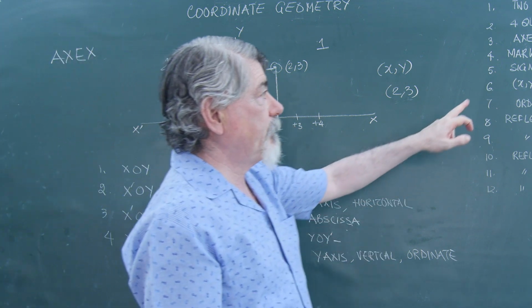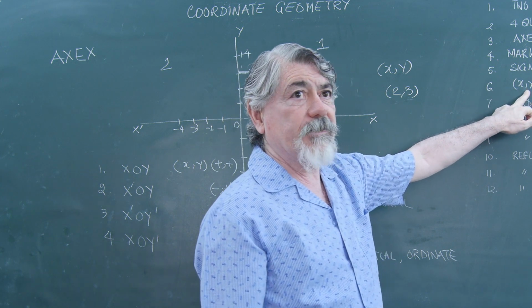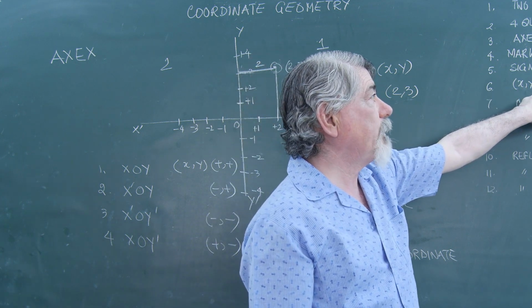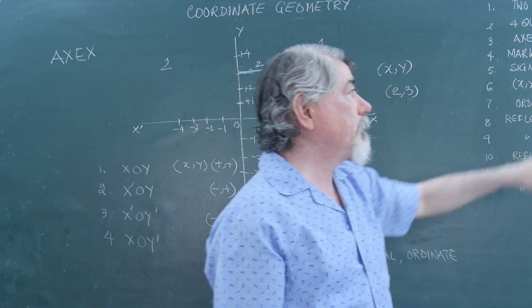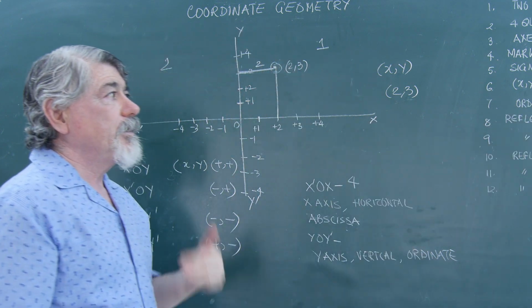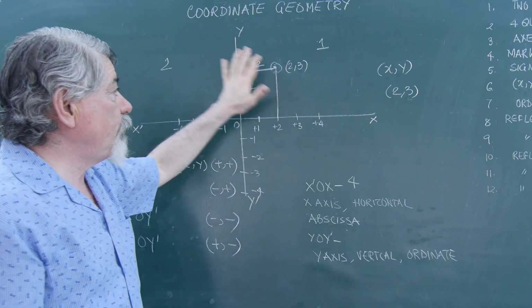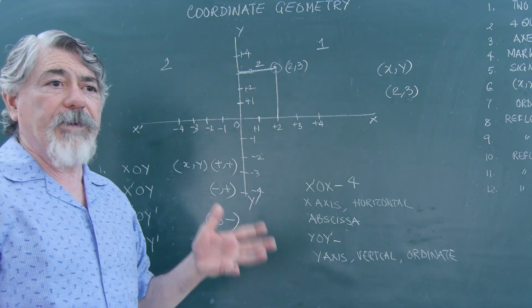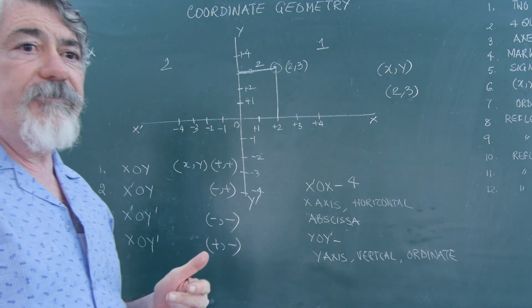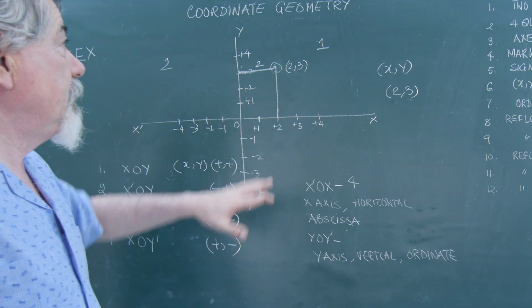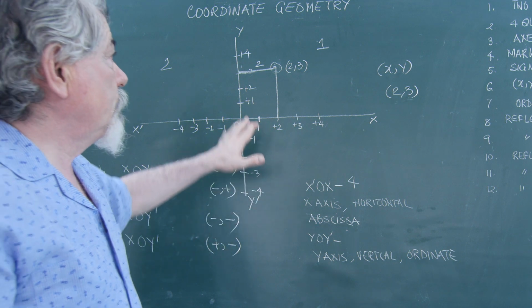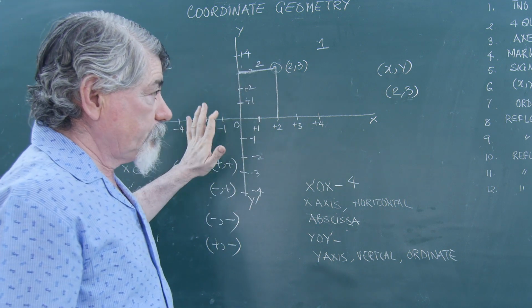Like I have written here, in the first quadrant x, y is plus, in the second quadrant it is minus, plus, in the third quadrant it is minus, minus, in the fourth quadrant x is positive, y is negative. If you draw these number lines perpendicular to each other, it will be very simple for you to see how we are going to do it. So this has been done here.